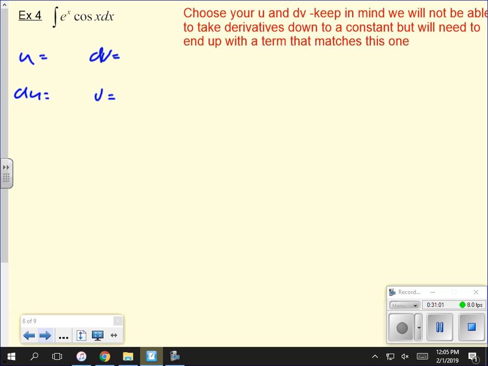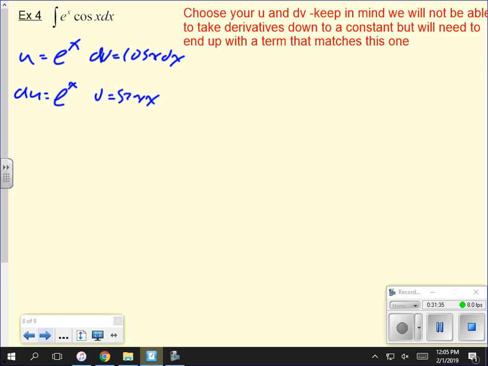If you follow the rules, do I have any logarithms? Do I have any inverse trig functions? Do I have any polynomials? Do I have any exponentials? So that means u is e to the x, so du is e to the x. dv would be cosine x dx, which means v is sine x.